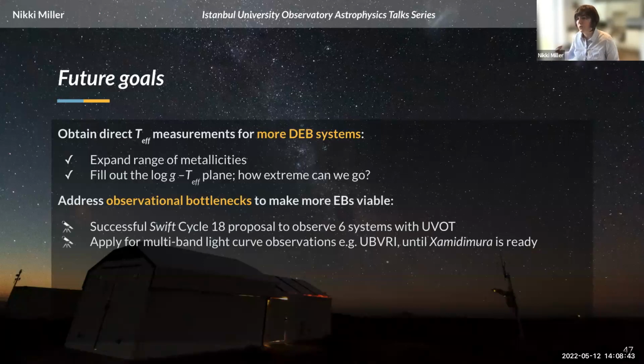I want to address these observational bottlenecks that we have. So I applied for Swift time to get some ultraviolet photometry of an additional 6 systems that didn't have anything in that range. So I'll be analysing those next as those observations come in, and also applying for multi-band light curves until the SAMI-Dimura instrument is ready. So that's this observatory that I've got as the background of my slide.